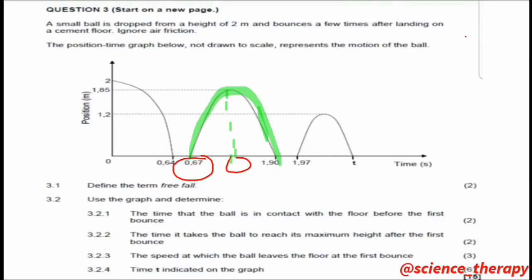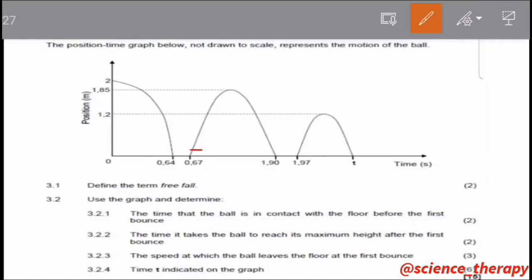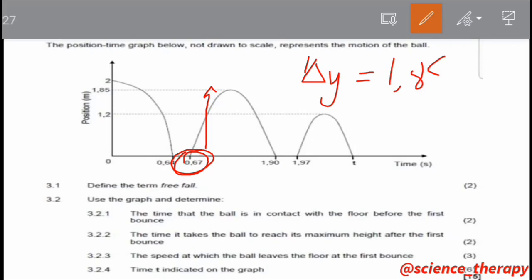Now 3.2.3 says calculate or determine the speed at which the ball leaves the floor at the first bounce. So now we want the speed at time 0.67 seconds. If we collect our data, we can see that when the ball bounces off from the floor, it reaches the maximum height of 1.85. So we can write that as our data. The height reached is 1.85 meters, right?